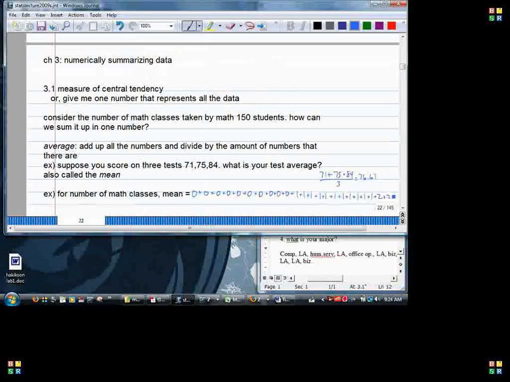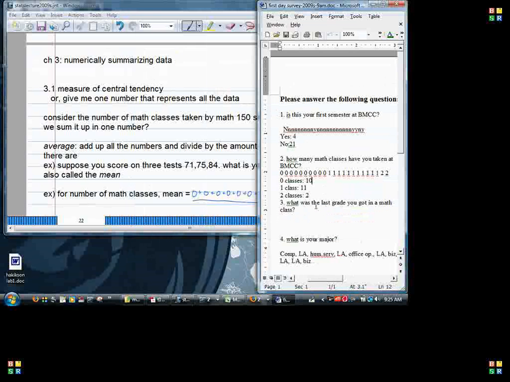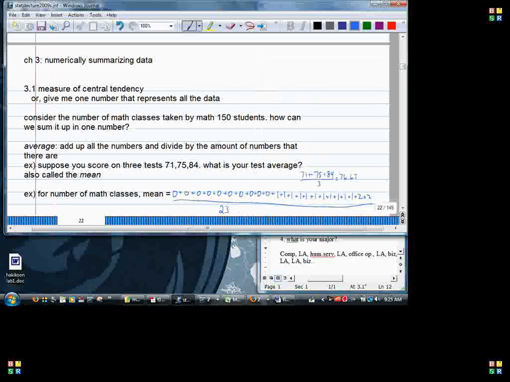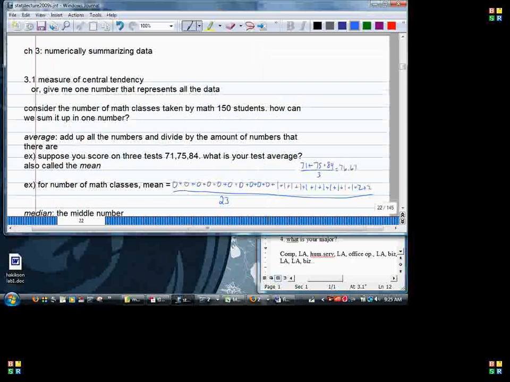And then 2 2s. And then what do we divide by? Right, the total. So what was the total? 10, 11, 2, 23. So we take this and divide by 23. Now we just have to figure out what that is.